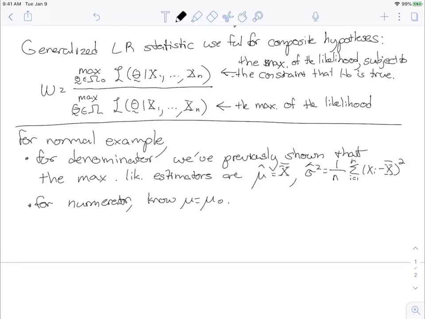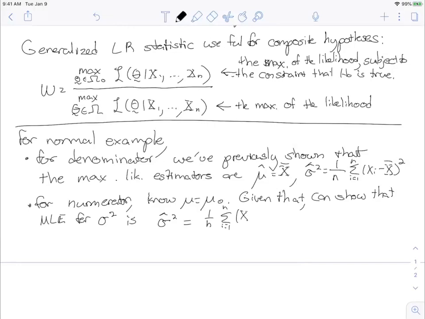We could do a little bit of calculus and show that, based on that, the maximum likelihood estimator for sigma squared is sigma squared hat equals 1 over n, sum i equals 1 to n, of (xi minus mu 0) squared.